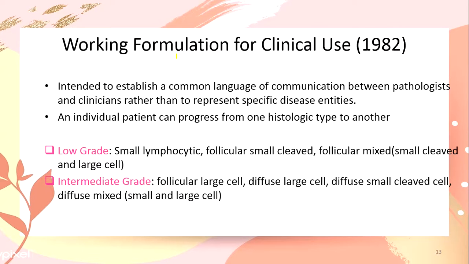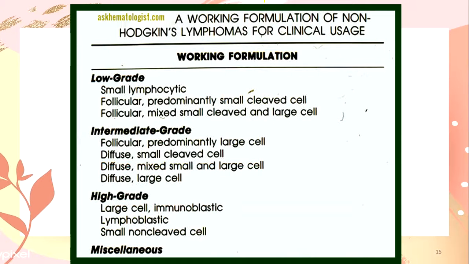Then came working formulation for clinical use, which tried to establish common language of communication between the pathologist and clinician. And it divides lymphomas into low grade, intermediate grade, high grade, and miscellaneous.